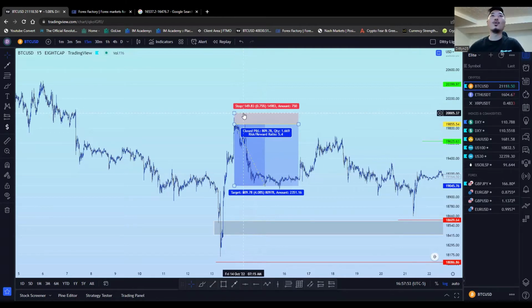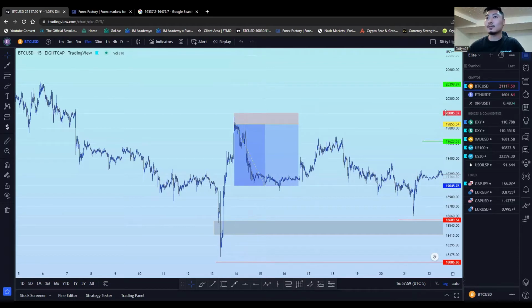149.83. What is it? It's simple. So I just take the stop loss minus the entry price, right? Because this is a short position, this is a sell position. So the stop loss minus the entry price will give you the amount of pips that you're risking.